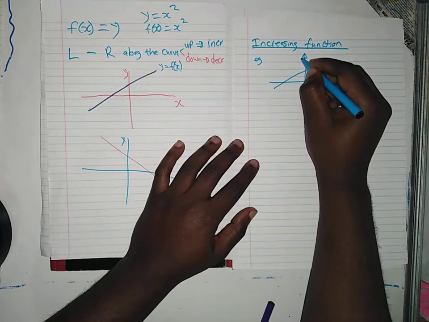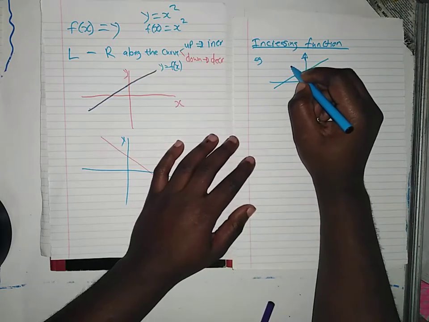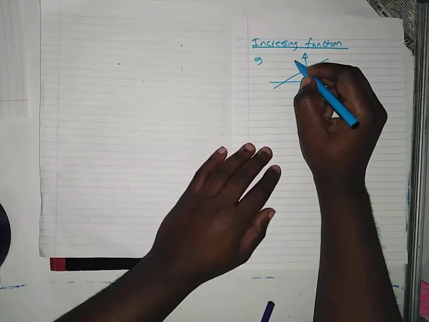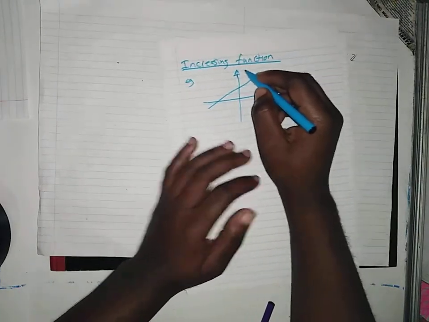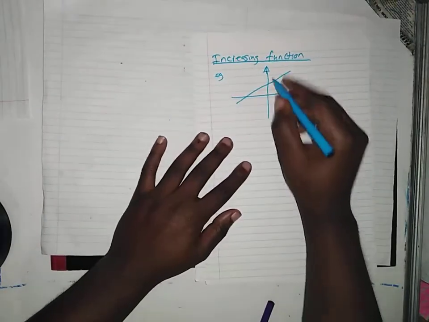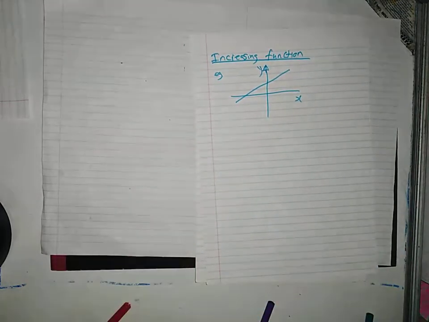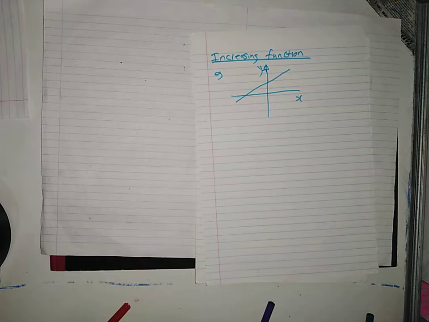Okay, right, this is y, this is x. A function, it must be a different color so that we can easily see what is going on here.